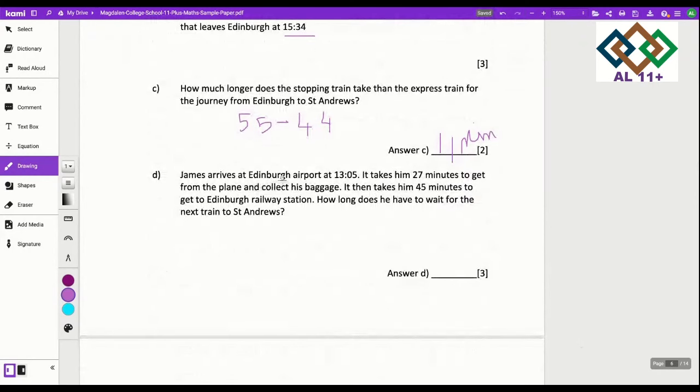James arrives at Edinburgh airport at 13:05 and it takes him 27 minutes to get from the plane and collect his luggage. If it takes him 45 minutes to get to Edinburgh railway station, how long does he have to wait for the next train to Edinburgh? So basically, I'm just writing 13:05, takes him 27 minutes.